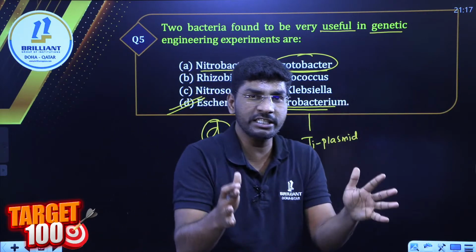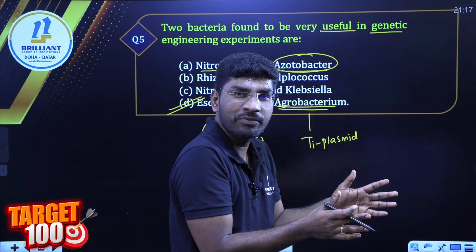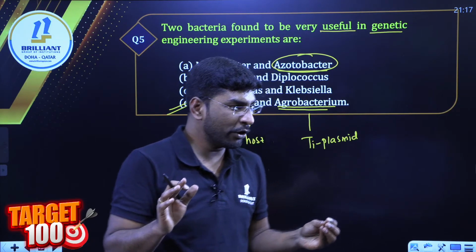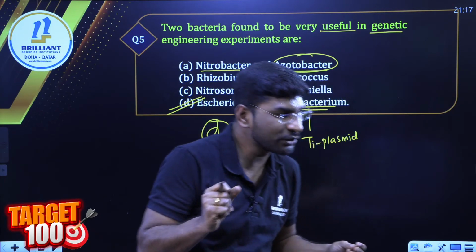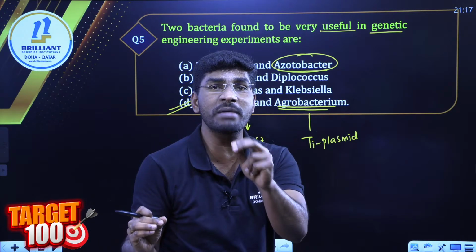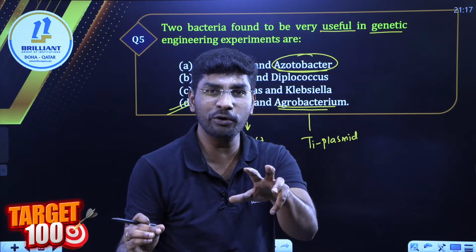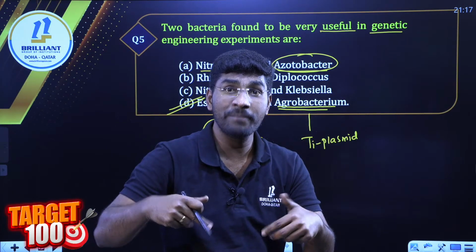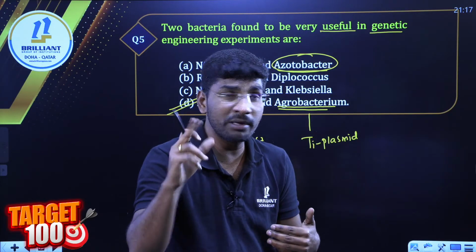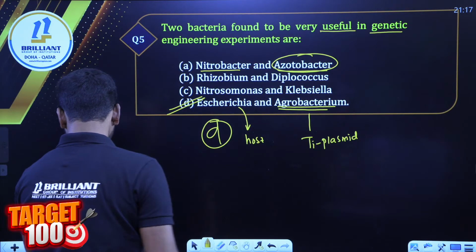NCERT is giving us this. Yes, absolutely. Crown gall disease. Remember, crown gall, tumor making, cancer making disease. But we modified that bacteria according to our convenience. Remember. Next question. So answer is option D.